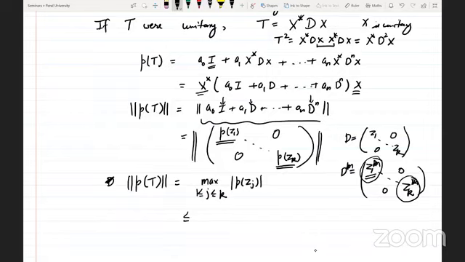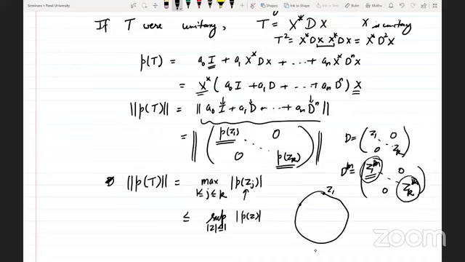So that will be less than or equal to the supremum over |z| less than or equal to 1 of |P(z)|. Because there are only finitely many points, right? You are choosing only finitely many of them from here, and here you are talking about the full thing. So the supremum over a subset is less than or equal to the supremum over a bigger set.